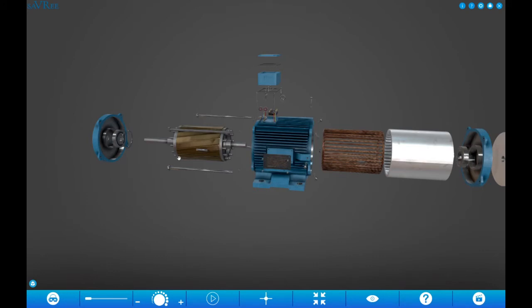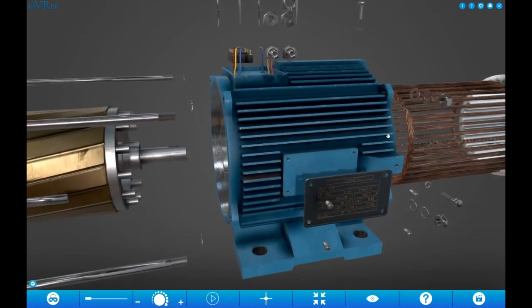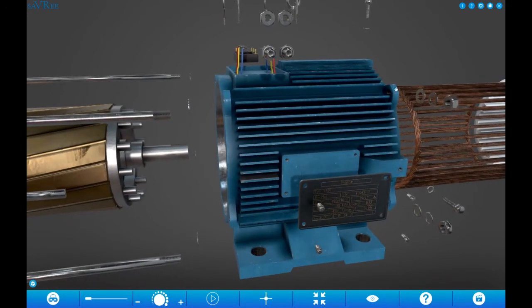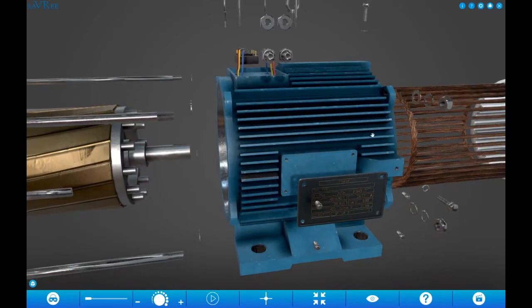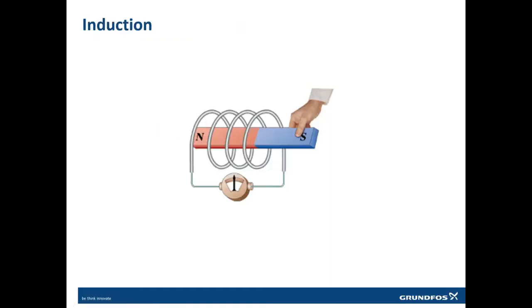That means this rotor is attached between two bearings, and these two bearings are making sure that the rotation of the rotor is as free as possible. And secondly, all the rotational movement will be happening in these windings. I will come to that how these windings are working. Now this was all the components of the motors.